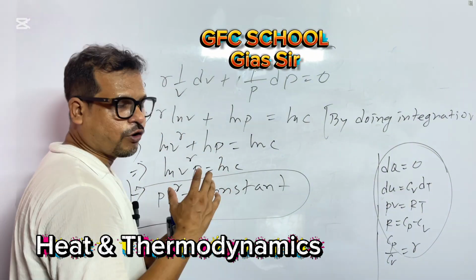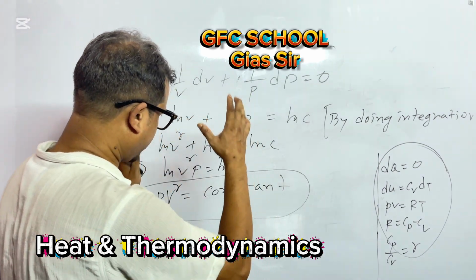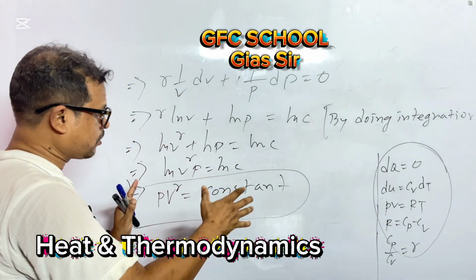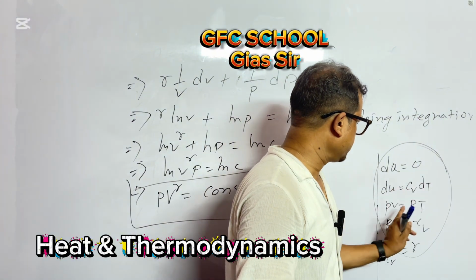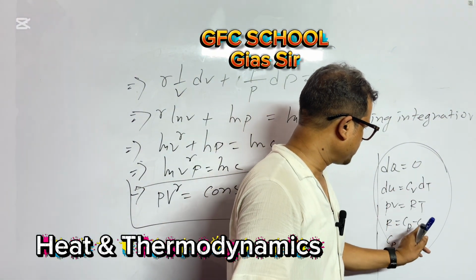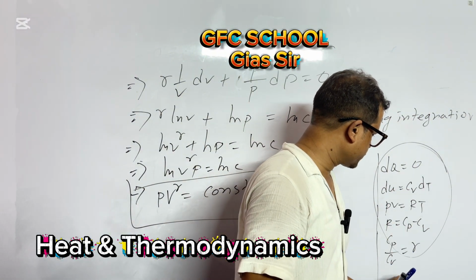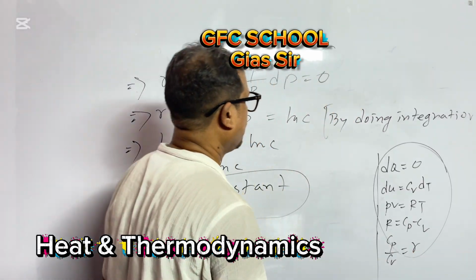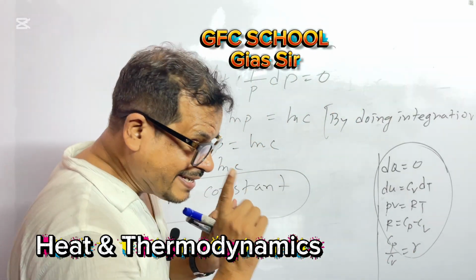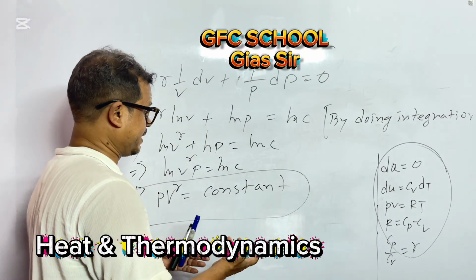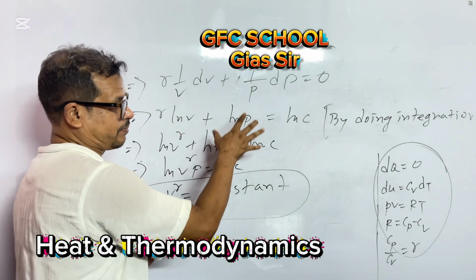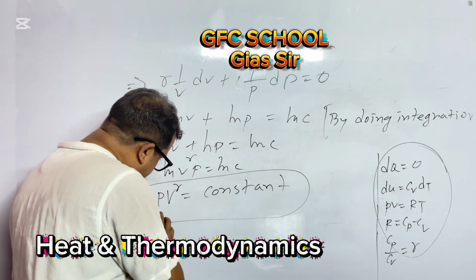Okay, guys, for doing this algebraic methodology, we have to remember dQ equals 0, dU equals Cv dT, PV equals RT, R equals Cp minus Cv, and Cp by Cv equals gamma. And we have to remember integration and differentiation. First I did differentiation, then I finally did integration. By integration, we got this line finally.